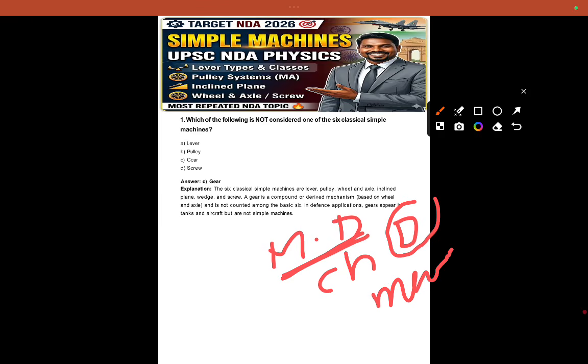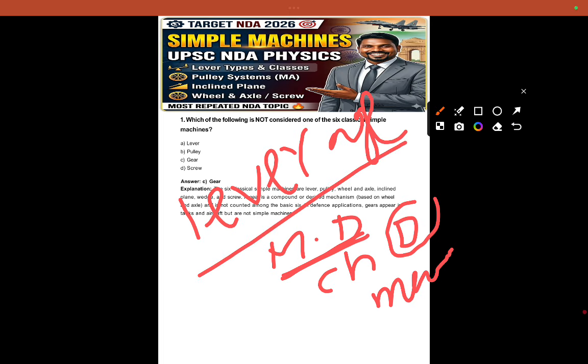This mechanical advantage we call leverage. It is crucial to note that simple machines do not create energy.